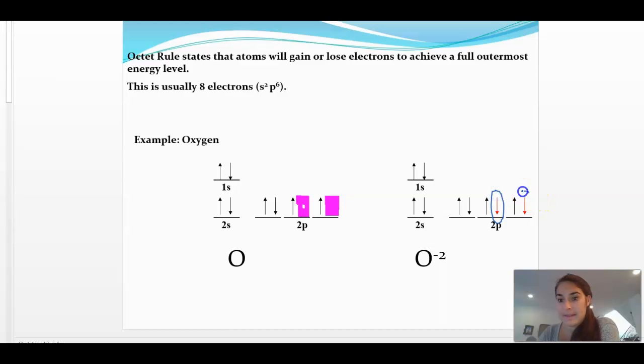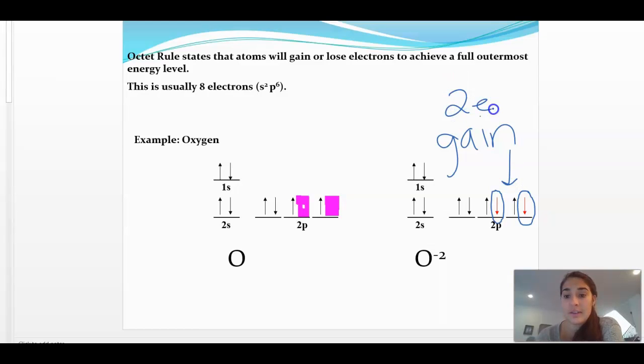It will get it from something. Something has the ability to lose two electrons, or it can lose one, so it does it twice, whatever it might be. But right down there, we have this gaining of two electrons. And so that's what causes that -2 charge.